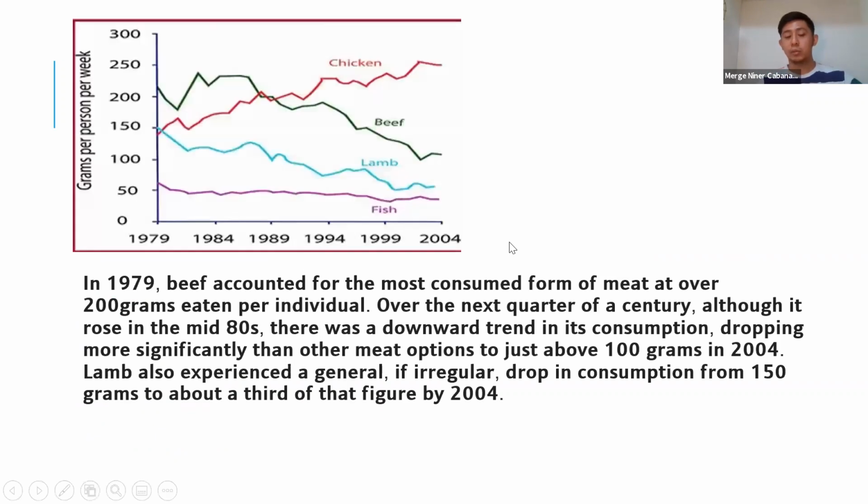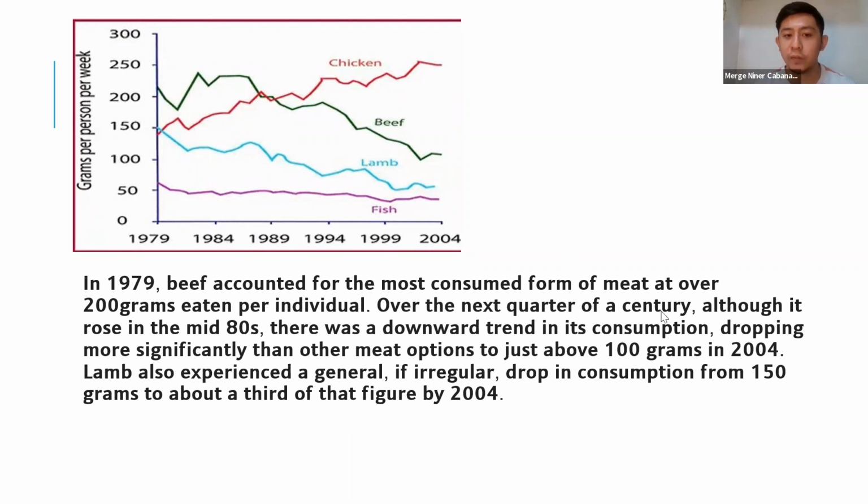I'm going to show you the samples. I'm going to read this to you. Okay, so in 1979, beef accounted for the most consumed form of meat at over 200 grams eaten per individual.